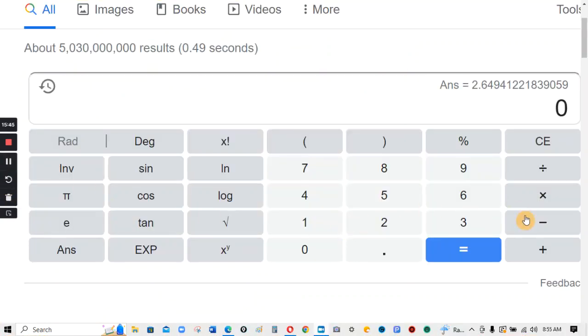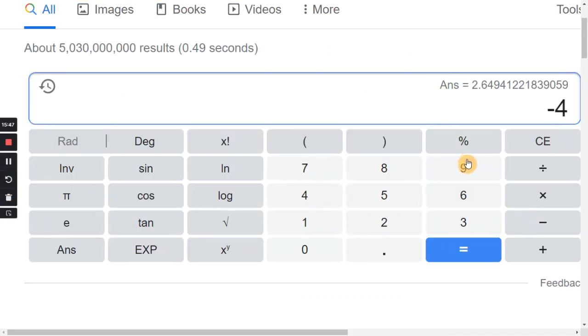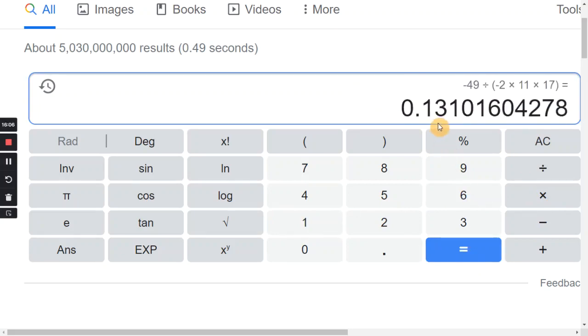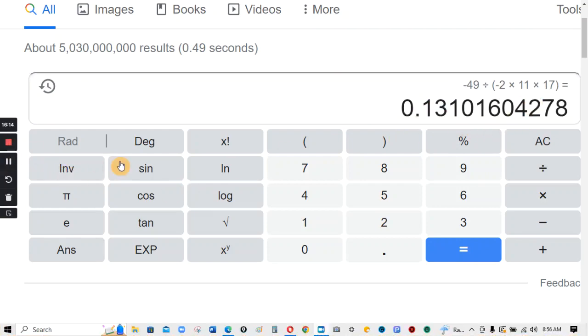Okay, negative 49 divided by, parentheses, negative 2 times 11 times 17. Close parentheses, so the negative 49 is divided by that whole thing. Hit equals. Okay, before we round it off, 0.131. So we have our answer here.